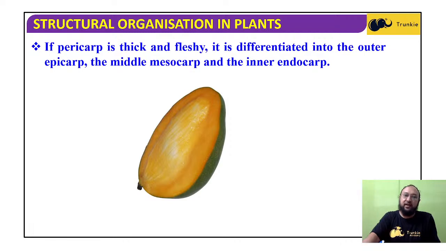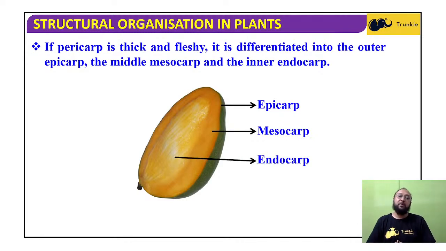If the pericarp is thick and fleshy, it is differentiated into the outer epicarp, the middle mesocarp, and the inner endocarp. Try to understand this in a mango. There are two main parts in a typical fruit: the pericarp and the seeds. If the pericarp is thick and fleshy, it can be differentiated into three parts.